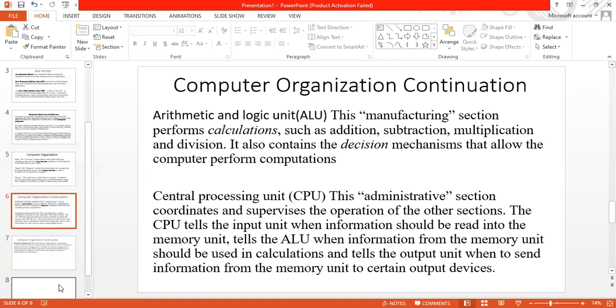The arithmetic and logic unit, which is known as ALU, this manufacturing section performs calculations such as addition, subtraction, multiplication, divisions. They help in our decision making. Going forward, we'll be understanding a whole lot about this.